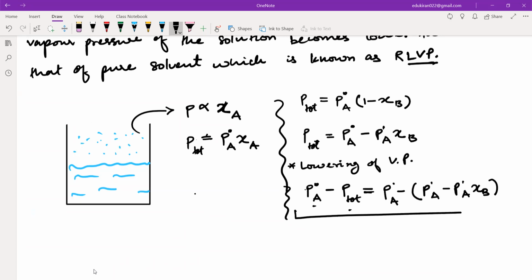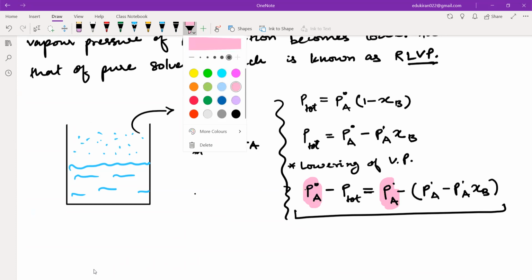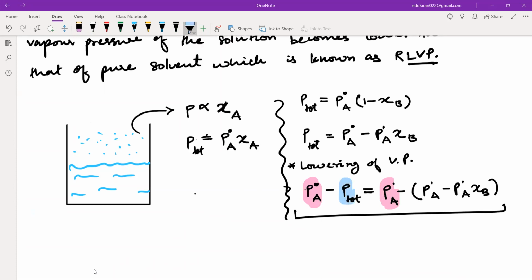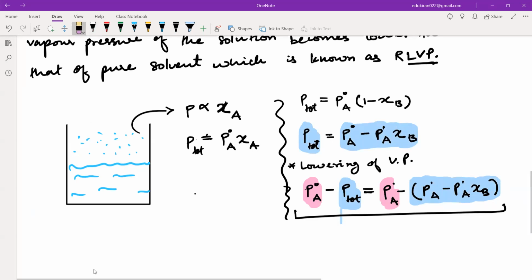Did everyone understand this line? Yes or no? Please tell me. Yes, sir. I'll make it easy for you guys. Okay, let's move on.